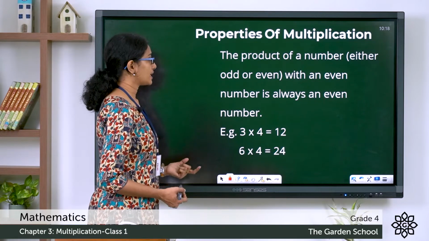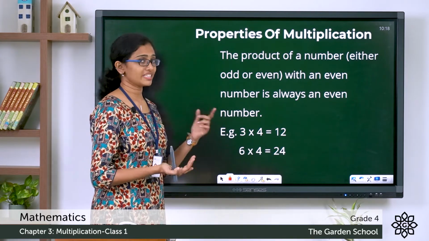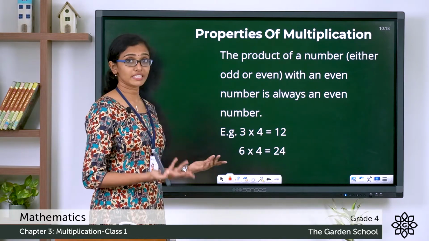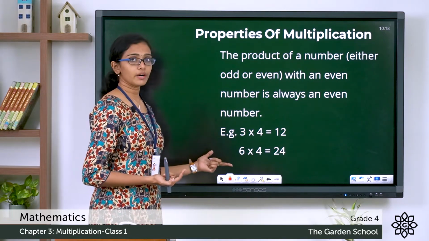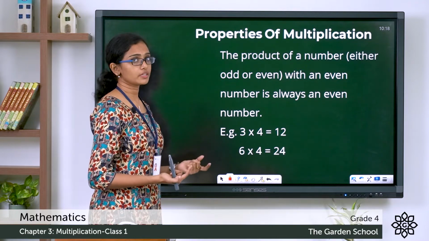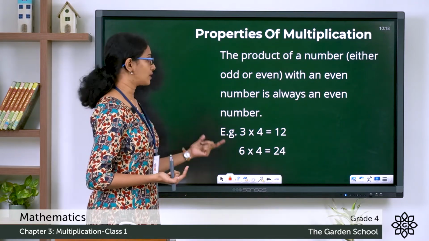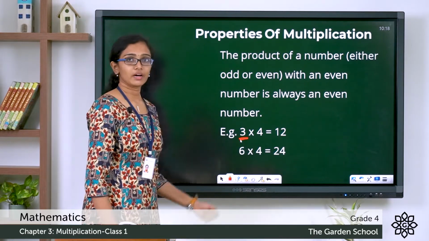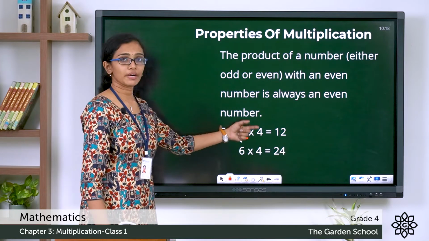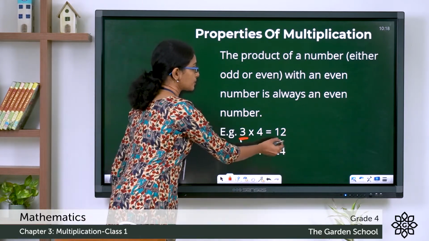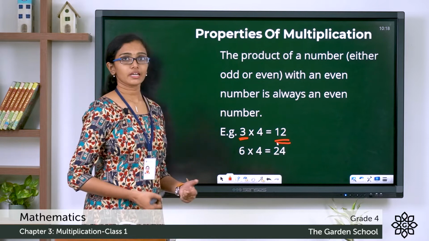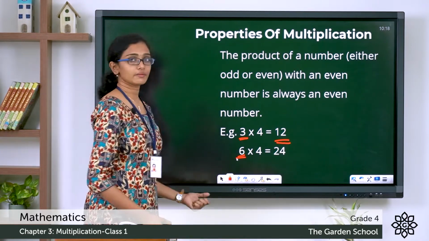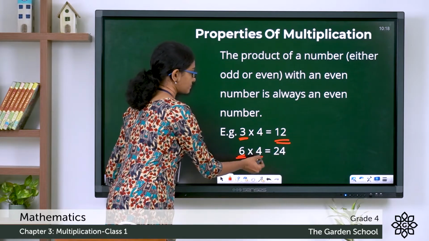There is one property that if any number, let it be odd, let it be even, is multiplied with an even number, the product will always be an even number. Look at this example. Here, one odd number 3 is multiplied by an even number 4. And what about the product? It is 12, which is an even number. And the second case here, an even number is multiplied by an even number.